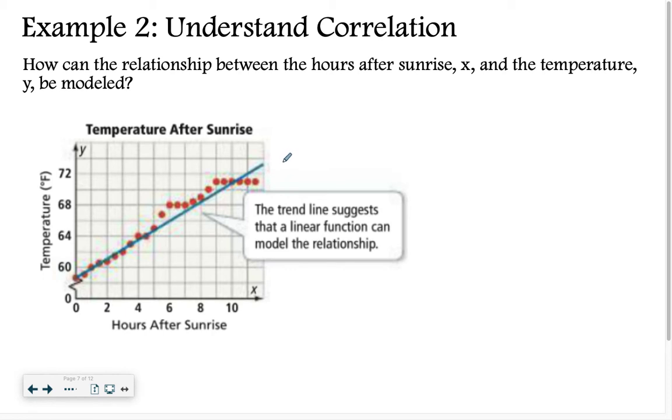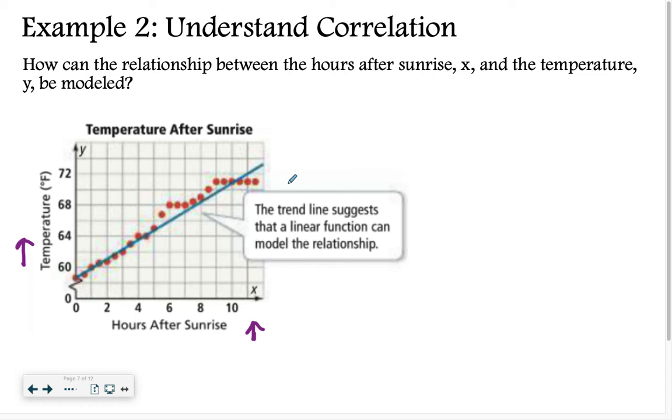What that trend line does is it allows us to predict what temperatures might be. We already determined that this has a positive association because our x values are going up and our y values are going up. So this is a positive correlation between our x and y values.